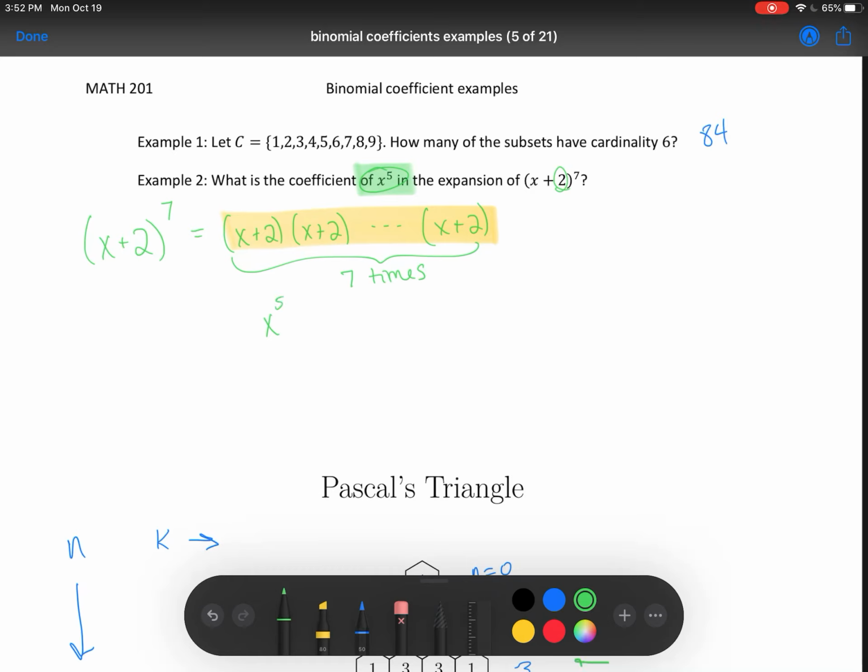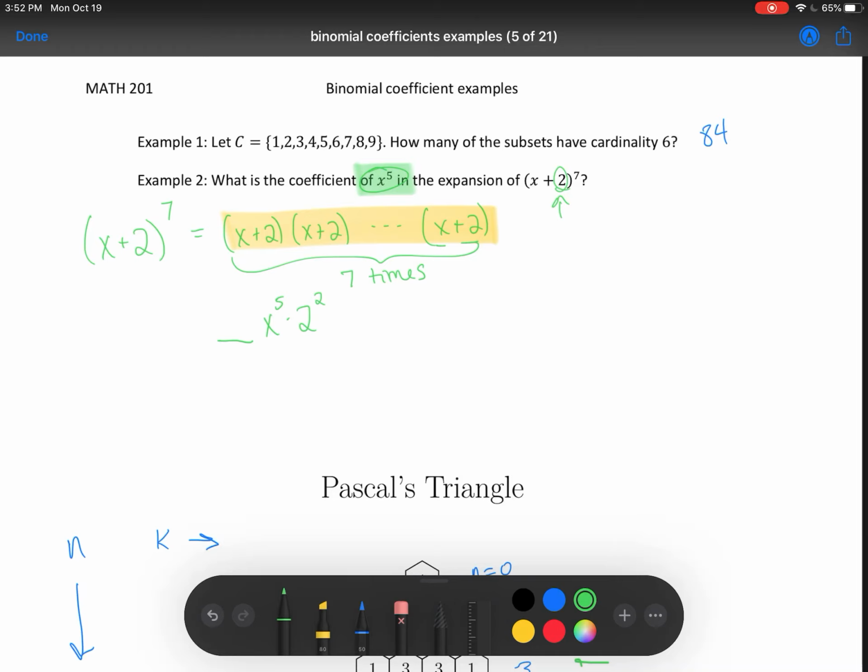Well, if 5 of them are contributing an x term, that means the other 2 are contributing a 2, right? Because each of these terms has to either give an x or a 2. So there's 2 left over, because 7 minus 5 is 2. So that means we're going to have x to the 5th times 2 squared. If that's throwing you off, you can think about it as x to the 5th times y squared. And in this case, our y is just equal to 2.